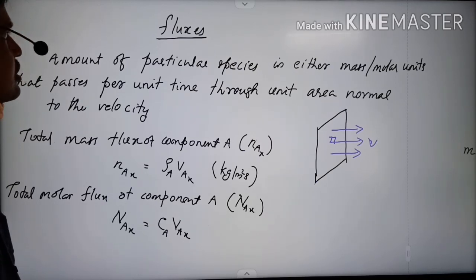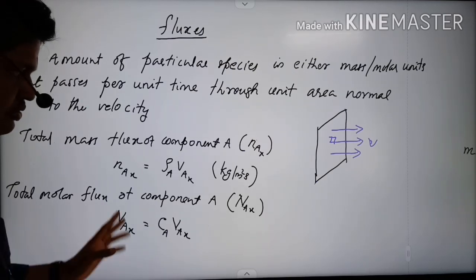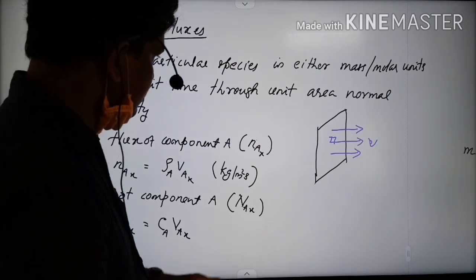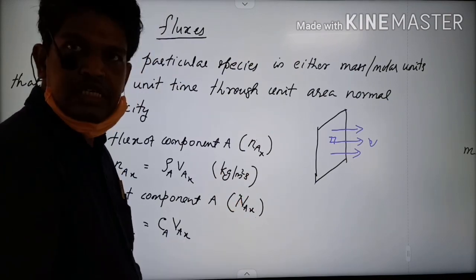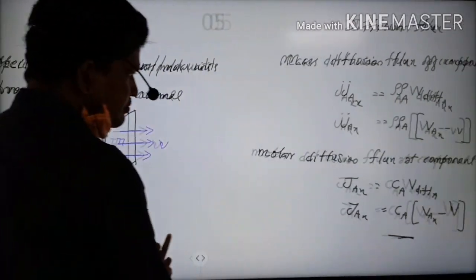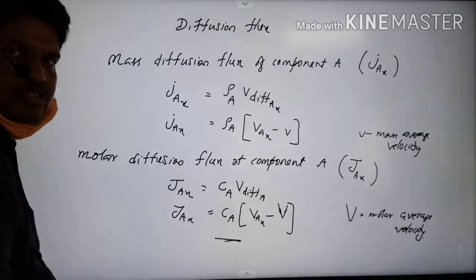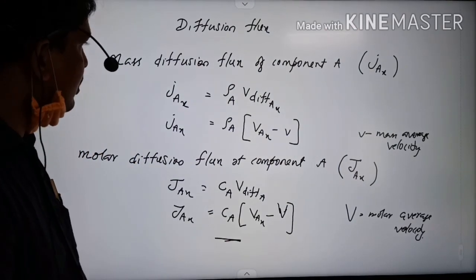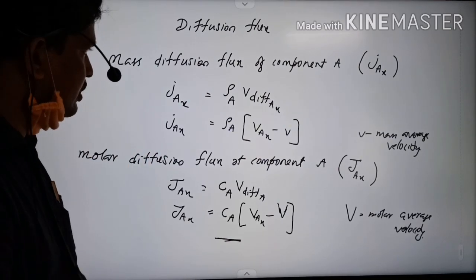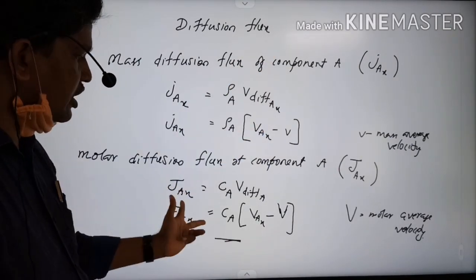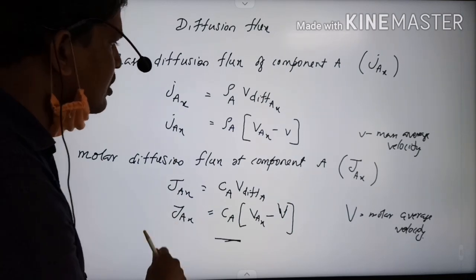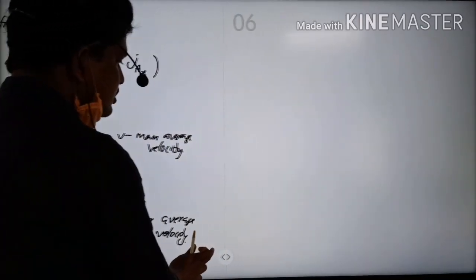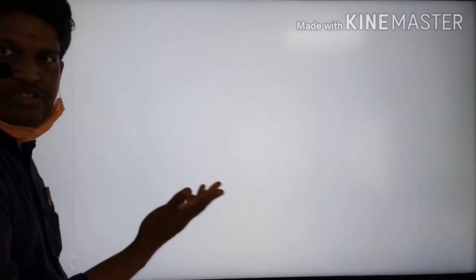These are the four types of fluxes we use in problems. The total fluxes are represented by N, and the diffusion fluxes by small letter j and capital letter J. Then we can connect the total flux and the diffusion flux. We can combine these two.